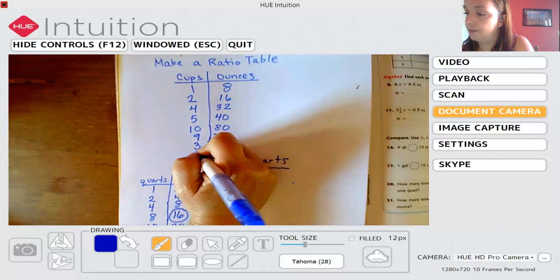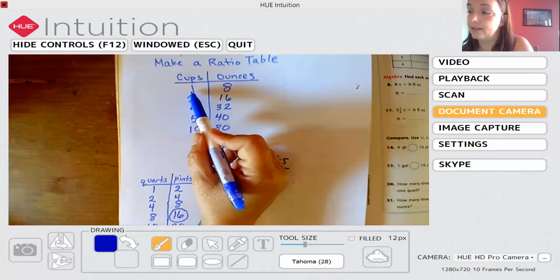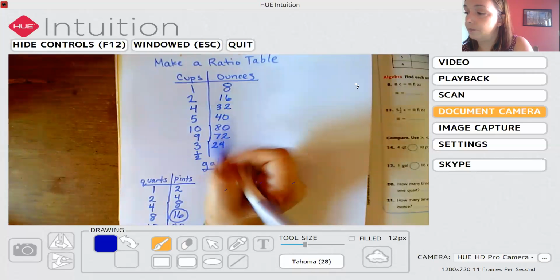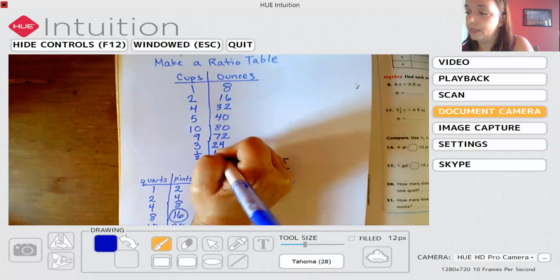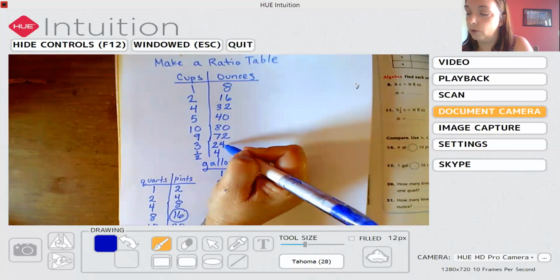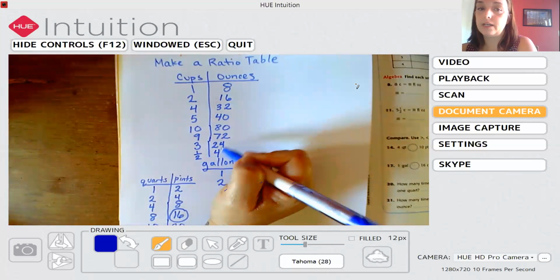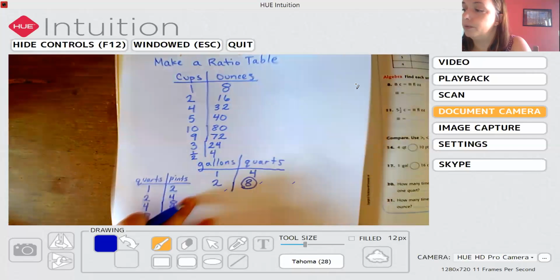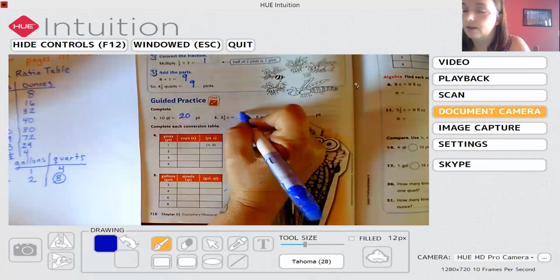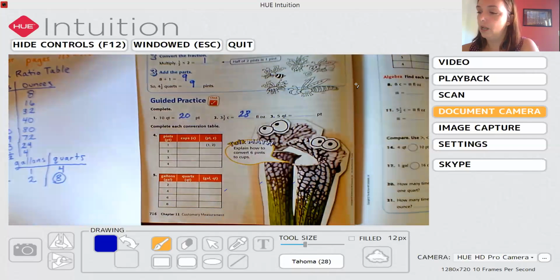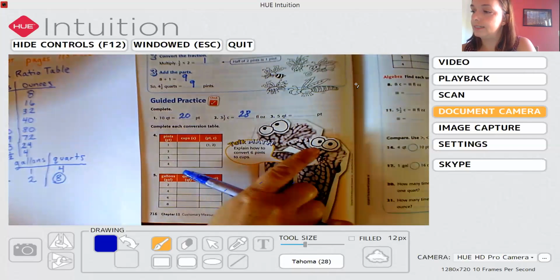Now for half of a cup, I know 1 whole cup is 8, so half of 8 is going to be 4. So that means 3.5 will be 24 plus 4, which is 28 ounces. So I'm going to put 28 ounces.